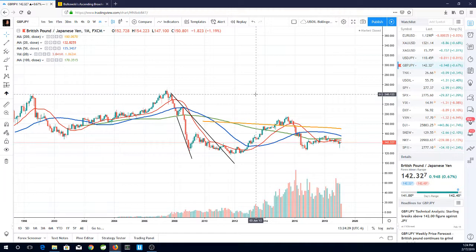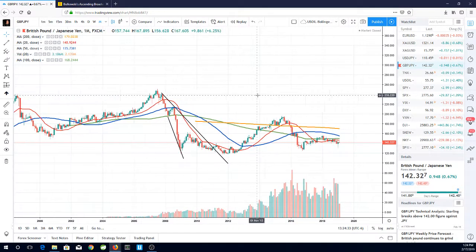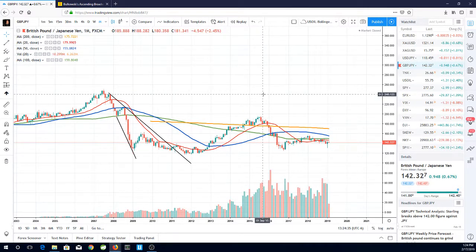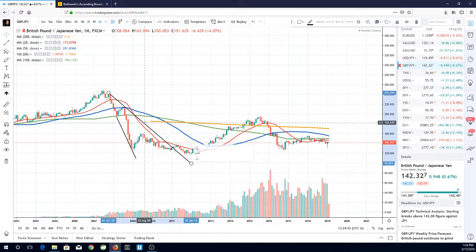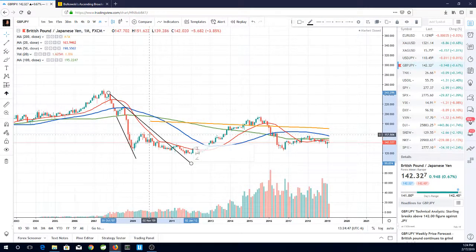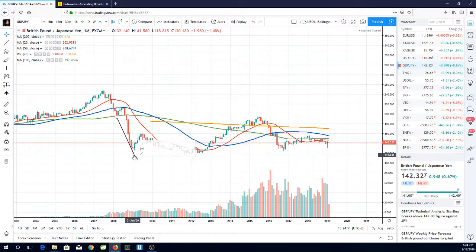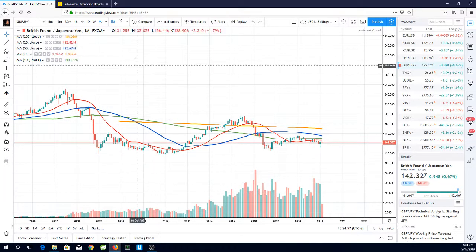I don't know what it is that's going to cause that, but it looks like the pound will go quite high. I think it's going to go probably higher, maybe close to double this, something like that. But anyway, that is a bit of a red herring, a rabbit hole. So let's go back.